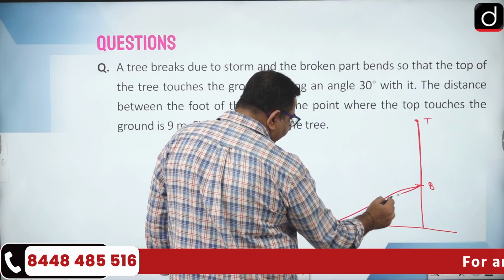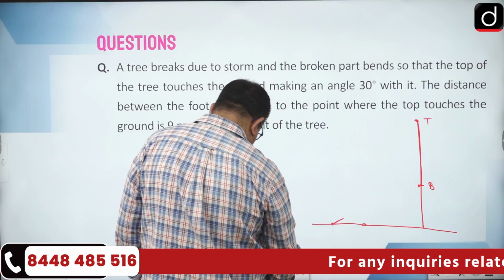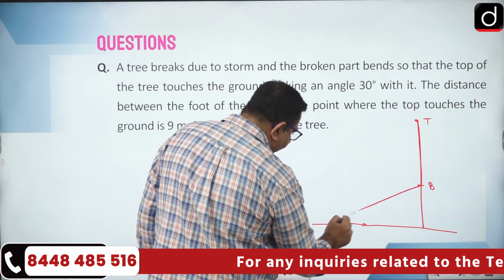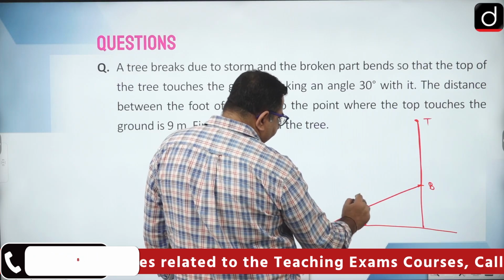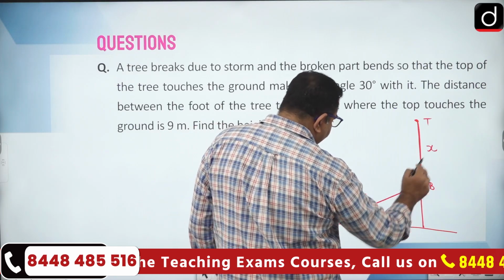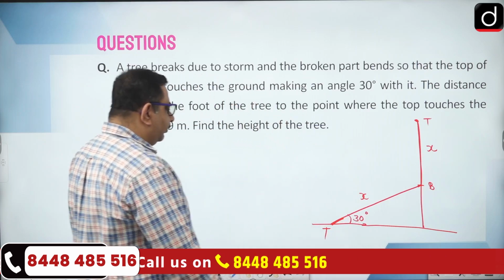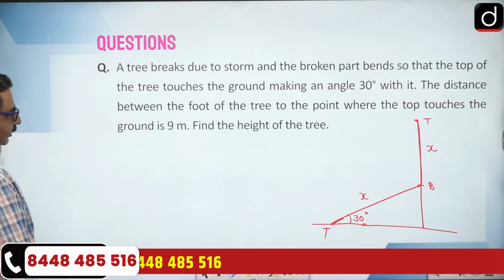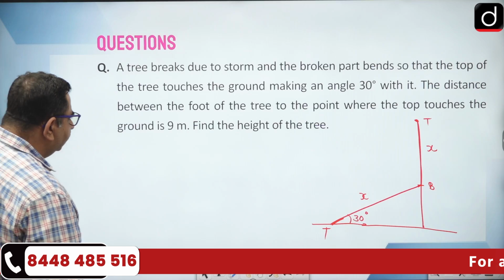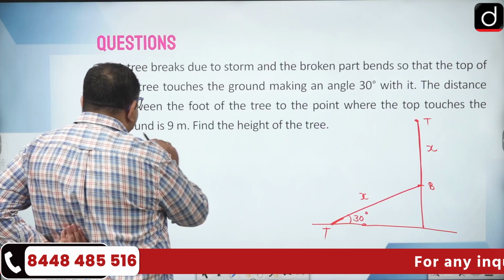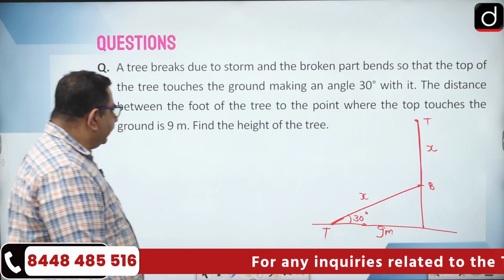This part will come here. This is T, so this is BT and the same part is here. So this is X, this also will be X, and the angle of elevation here is 30 degree because this part makes 30 degree with the ground. The distance between the foot of the tree and the point where the top touches the ground is given as 9 meters.